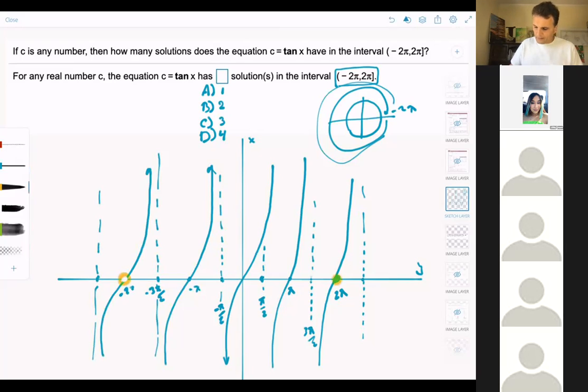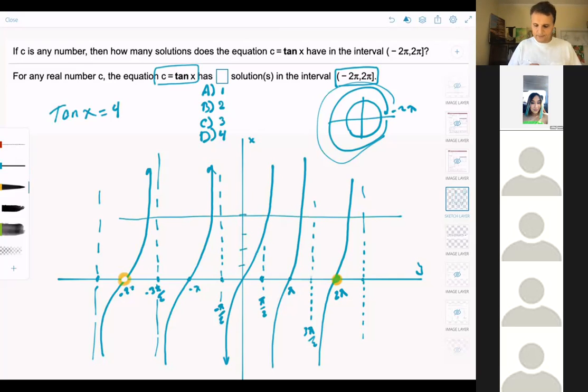to 2 pi, closed. I said if C equals tangent of x, for example, tangent of x equals 4, this is 1, 2, 3, 4, you make a line.